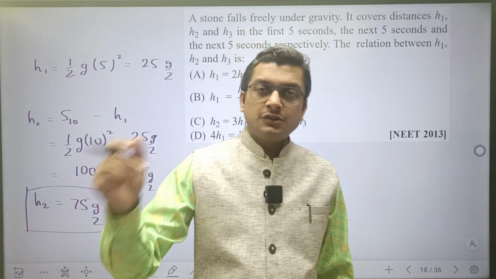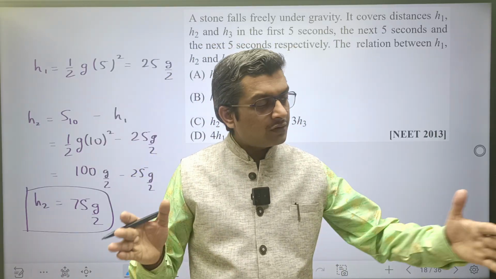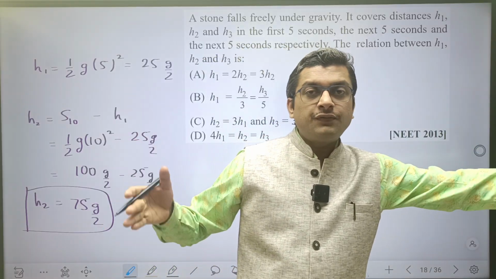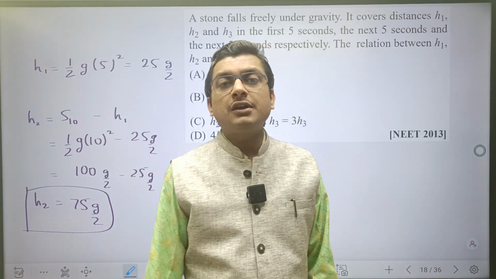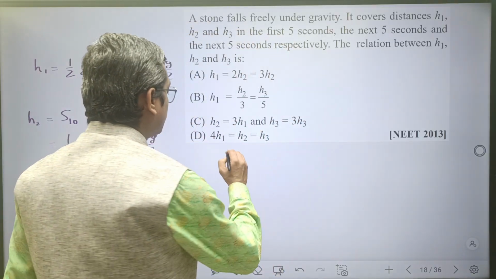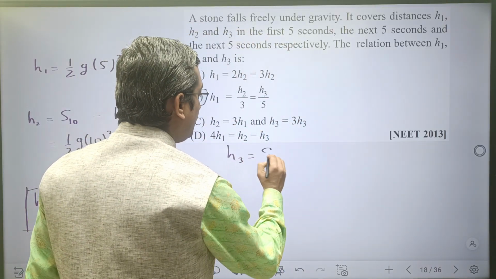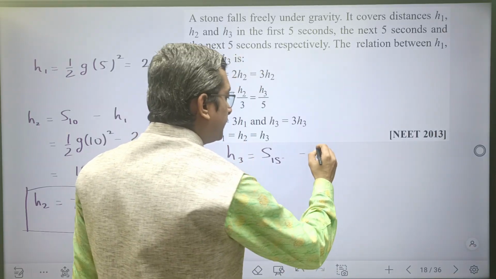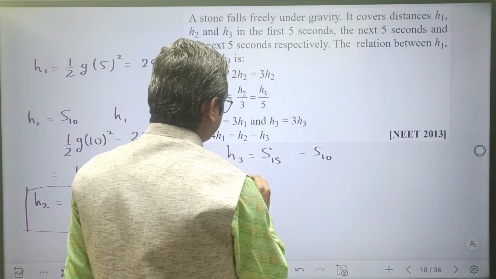If you subtract the distance covered in the first 10 seconds from that, you get h3. So h3 is the distance covered in the first 15 seconds minus the distance covered in the first 10 seconds.